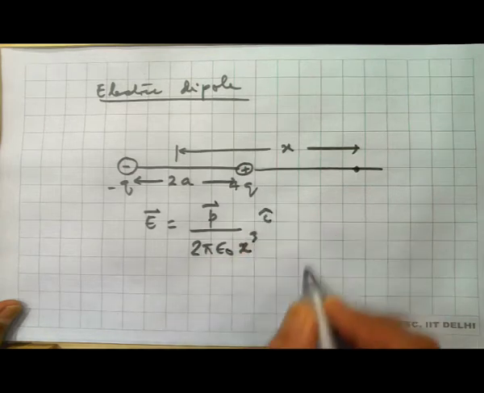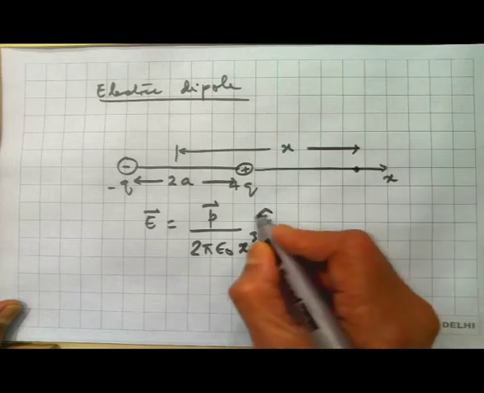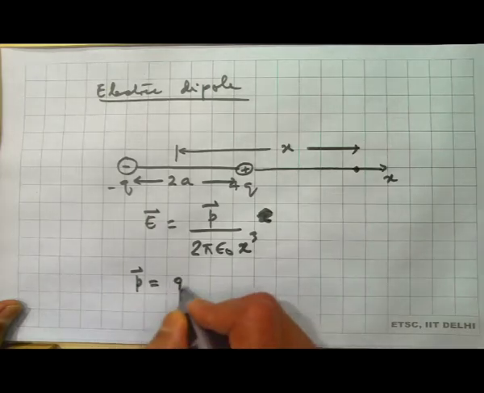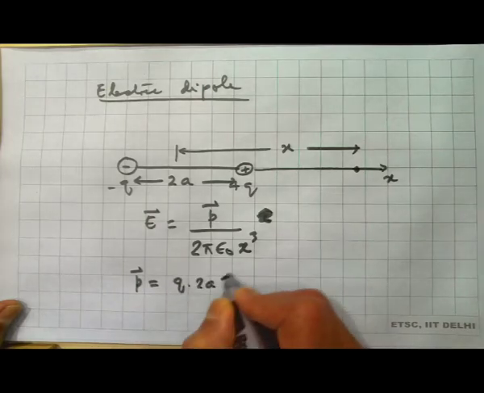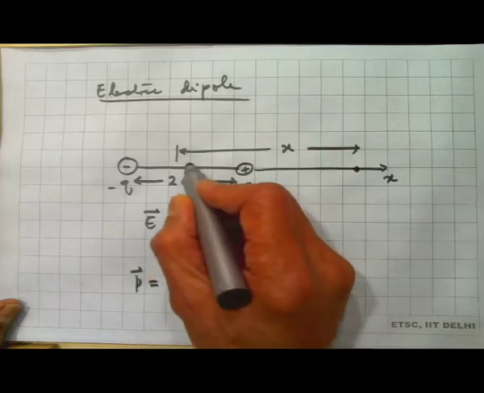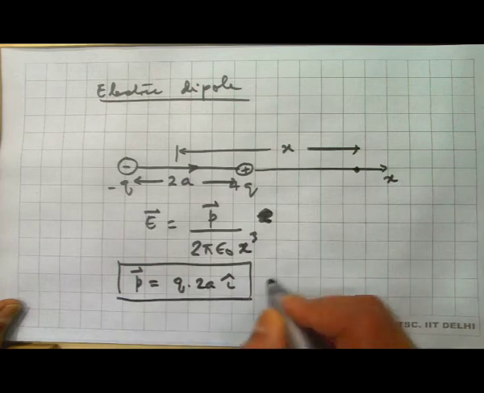This is the x axis. P was defined as q times 2a, the charge multiplied by the separation between the charges, and its direction is from the minus charge to the plus charge. That is the definition of the quantity P, which is called the dipole moment.